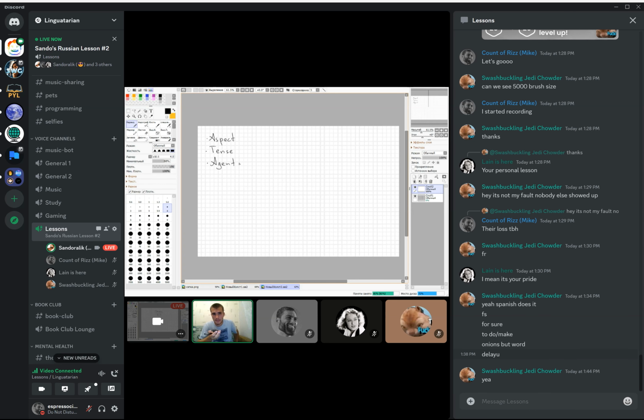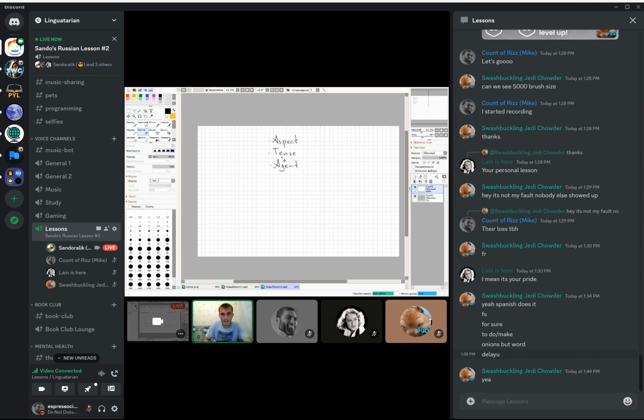Now there's a couple of other things, like whether a verb is transitive or intransitive, or reflexive verbs, non-reflexive verbs, and all that good stuff. So we're not going to walk through that today. We're just going to focus on these three elements: aspect, tense, and agent. So we have already covered aspect, so this is a check.